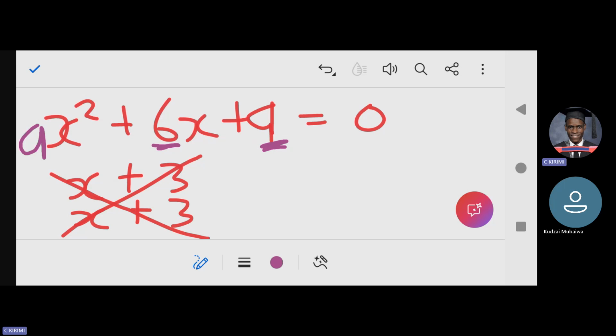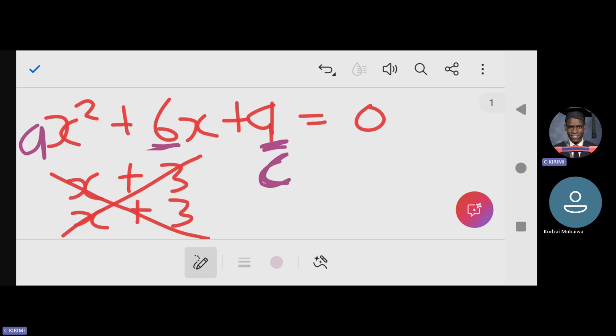So in other words, your a is 1, the coefficient of x squared is 1. B is 6. C is 9. So if you want to sketch that graph, you have a y-intercept c. When x is 0, y is what? It is c, which is 9.